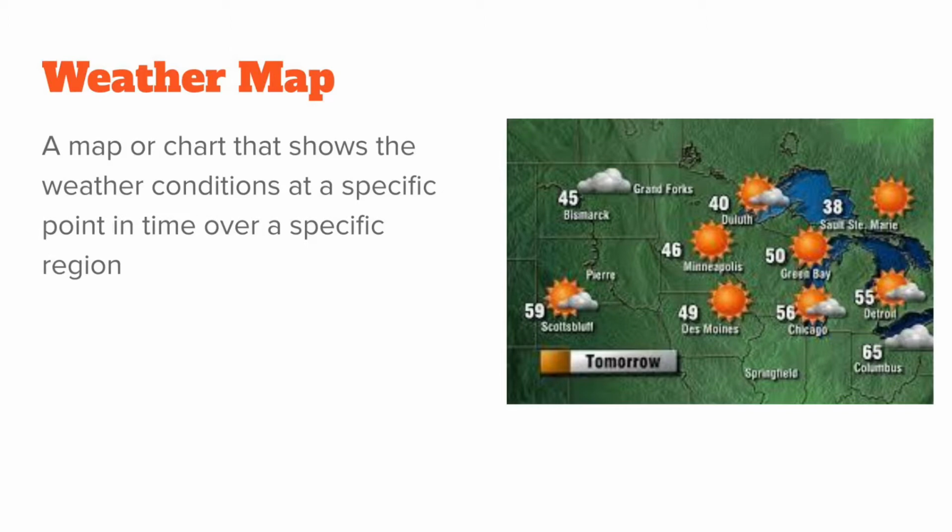Obviously this weather map is only going to be accurate for a specific point in time, because in a month from now, is it going to be partially cloudy and 56 degrees there? Probably not. So weather maps are typically temporary and show us at a specific place in a specific point in time what the weather will be like there.